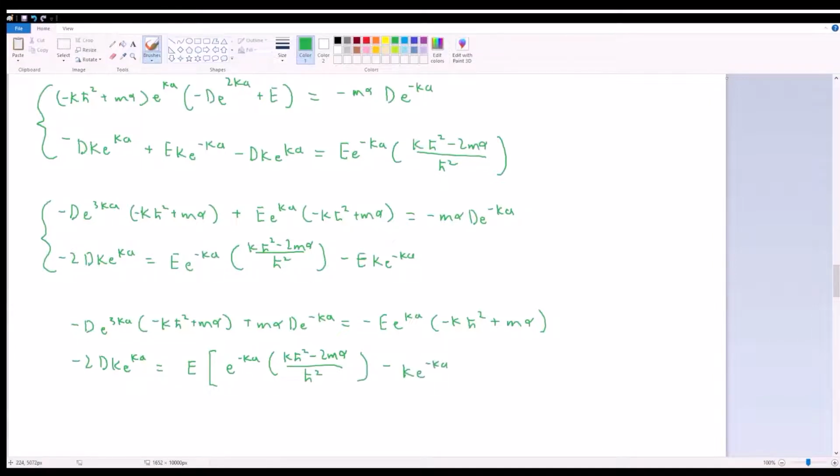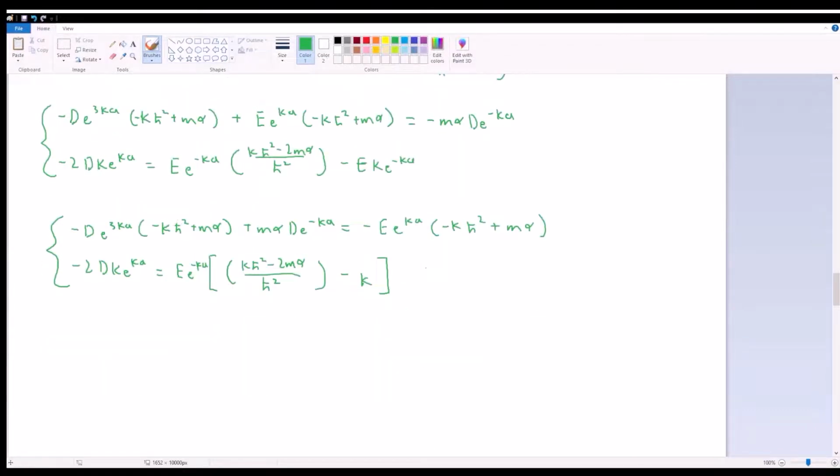And in fact, I don't know why I'm not just distributing out the e to the negative ka in the first place. And then let's move this over to here and do this. Okay, kind of getting a little bit painful here, but nonetheless, we have to keep moving on.